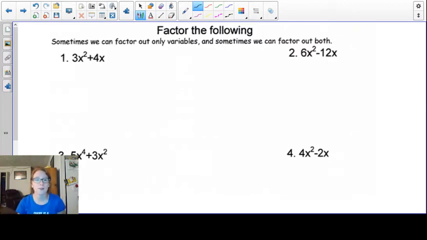So if we look at number 1, let's take a look at my numbers. I have 3 and 4. Can 3 and 4 be divided by something bigger than 1? They can only be divided by 1. I don't have anything that goes into 3 and 4 that's the same besides 1. So let's take a look at my x's now. If you notice, we have x squared and an x. So remember when we were dividing our polynomials?